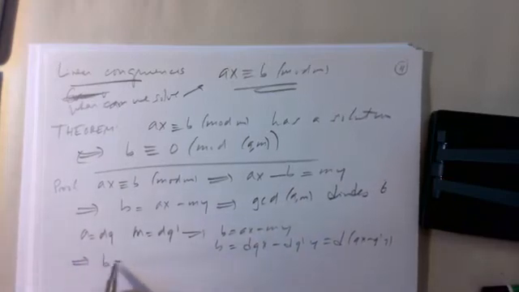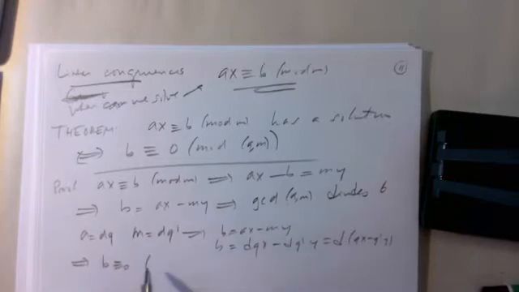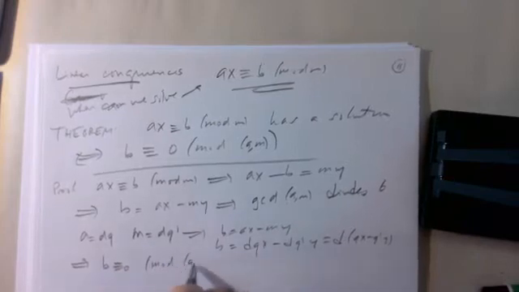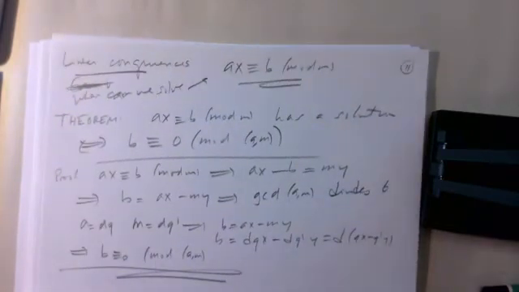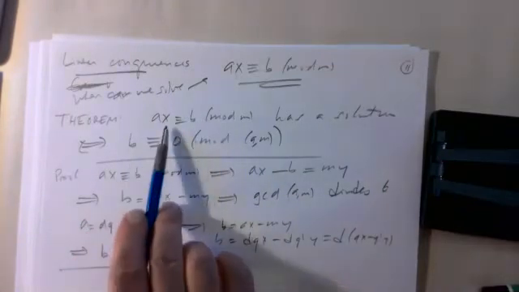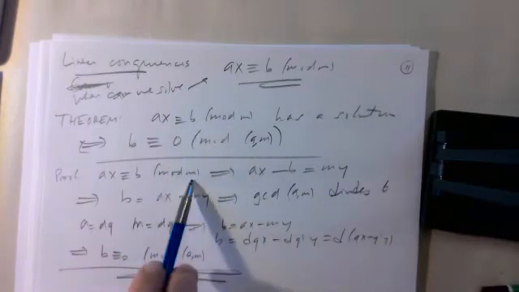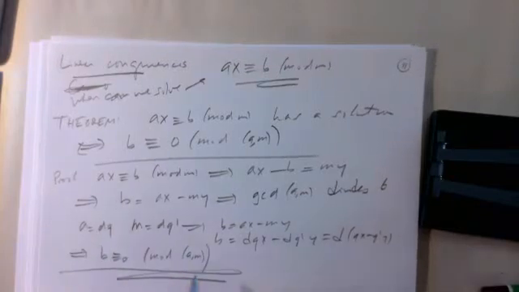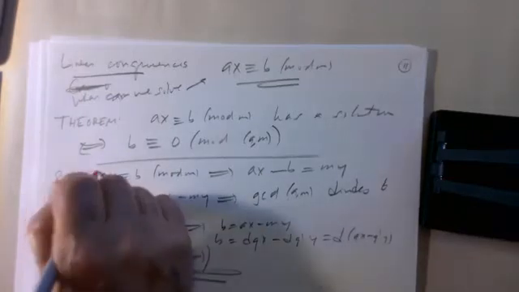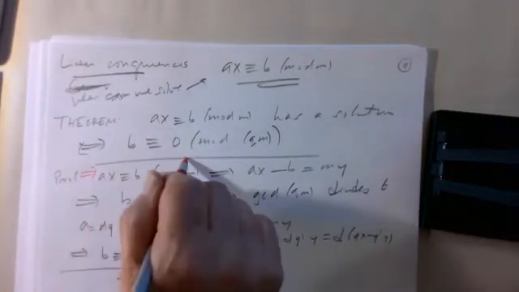So B is congruent to 0, modulo the greatest common divisor of A and M. So that's the proof of half of the theorem. This says that if AX is congruent to B mod M, then B is congruent to 0 modulo this greatest common divisor. So that's the proof going from left to right.